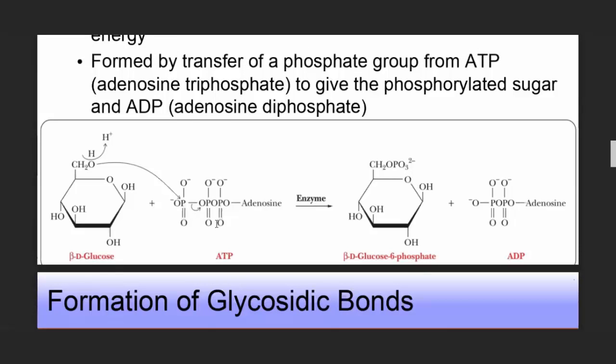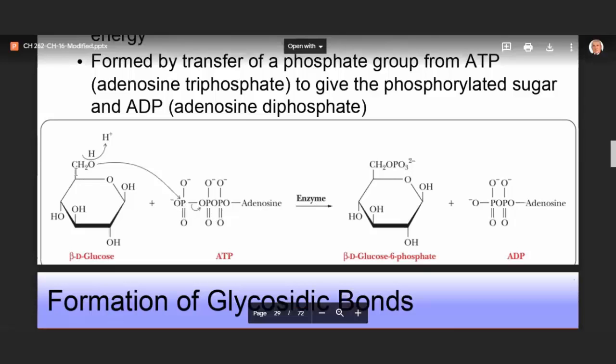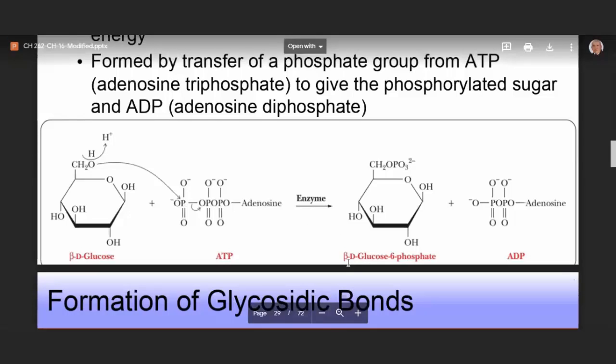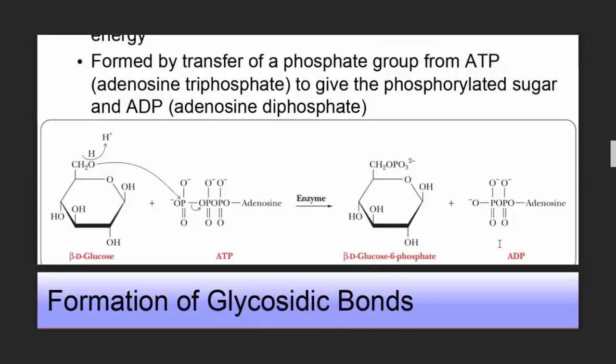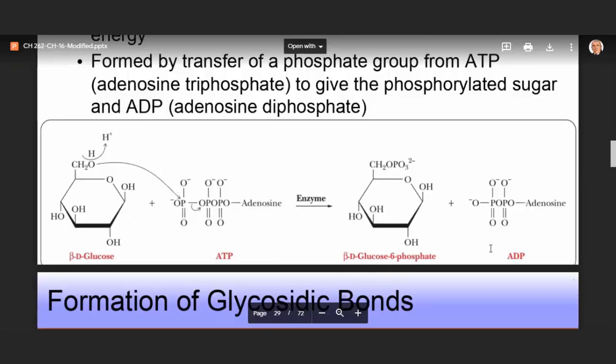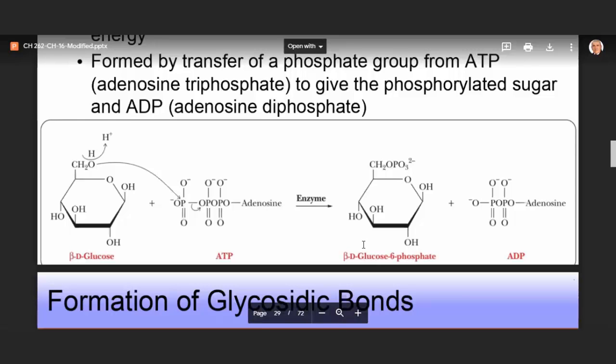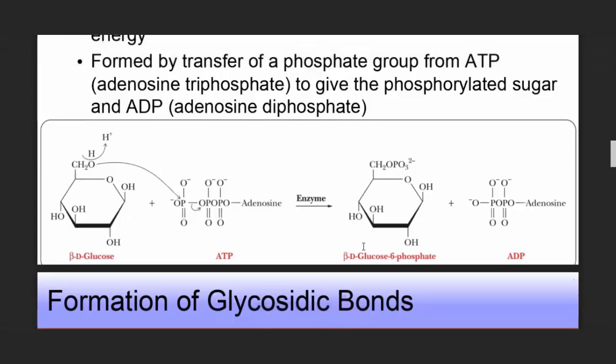The enzyme specifies the interaction with this CH2OH on carbon 6, with oxygen on carbon 6, and the enzyme is called hexokinase, to form beta D glucose 6-phosphate plus ADP. And when we talk about metabolism, we will see this reaction.